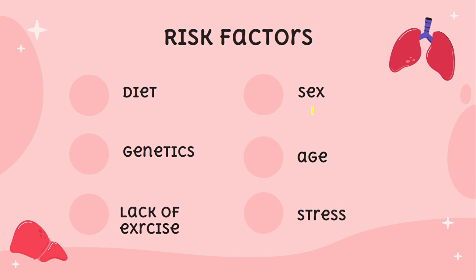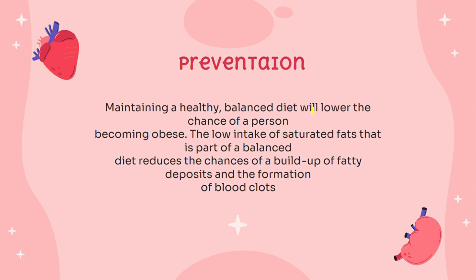Age is age, stress, and lack of exercise. How to prevent coronary heart disease is by maintaining a healthy, balanced diet, which will lower the chance of a person becoming obese. So, being less obese means that the low intake of saturated fats that is part of a balanced diet reduces the chance of a build up of fatty deposits and the formation of blood clots.